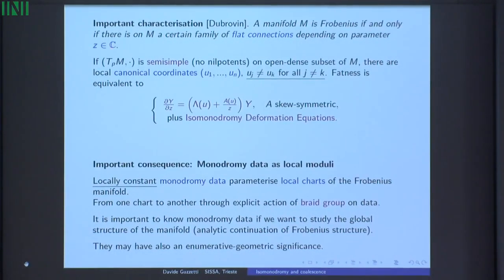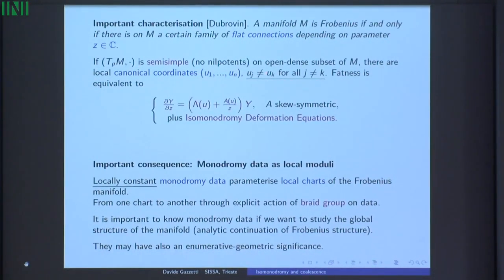In case the multiplication in the tangent spaces has no nilpotence, so we say that this algebra is semi-simple, at least on an open dense subset of the manifold, then we can choose on the manifold a set of coordinates, which I call u1 to un, which are called canonical.